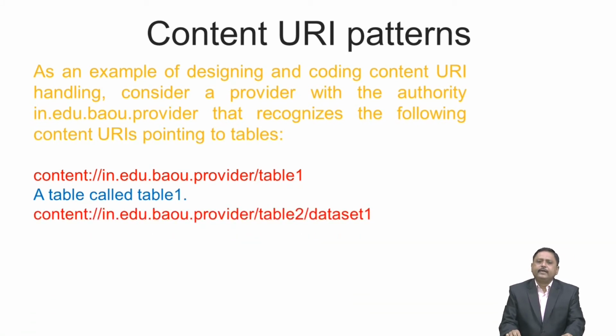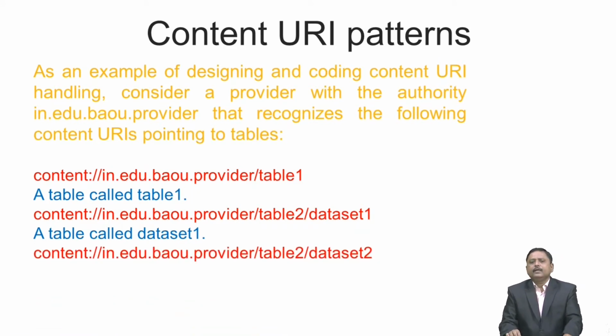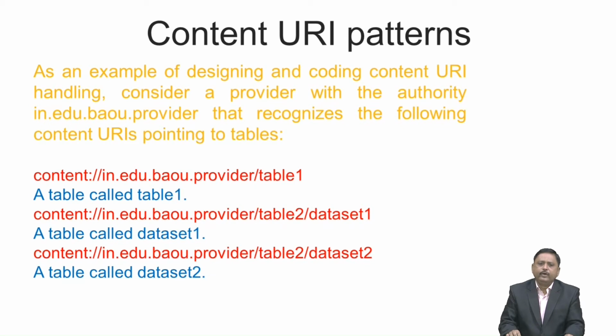Similarly, if there is a table 2 and inside that there is dataset 1, it means a table called dataset 1, and inside our content provider there should be some folder called table 2. Similarly, if I write dataset 2 after table 2, it means a table called dataset 2.